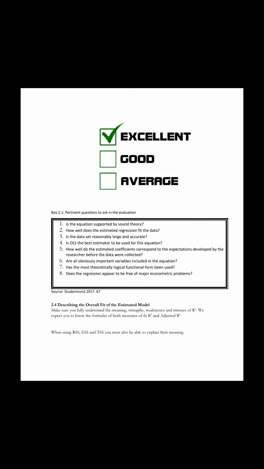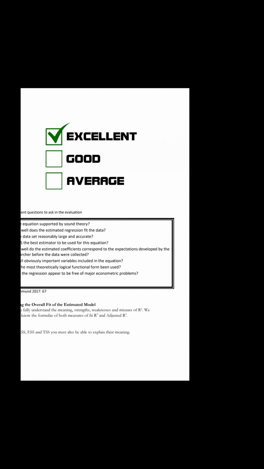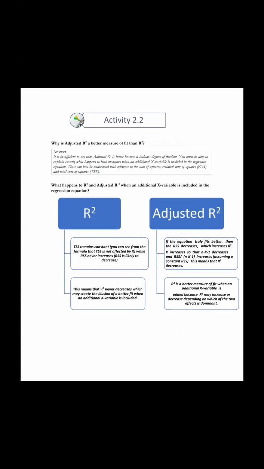And then, most importantly, as we are almost concluding, the overall fit of the estimated regression model. This is your R squared. You normally get questions on this, the goodness of fit measurement. I think from statistics you probably did your R squared.